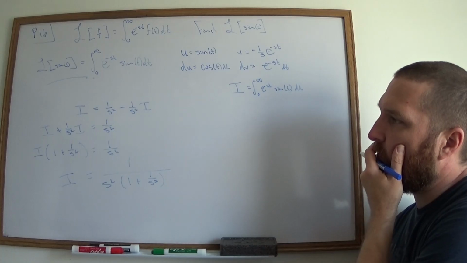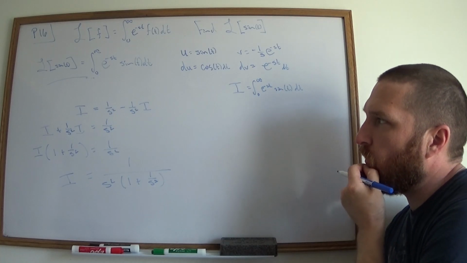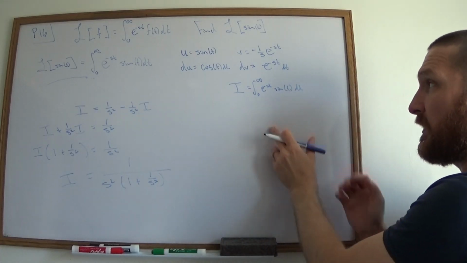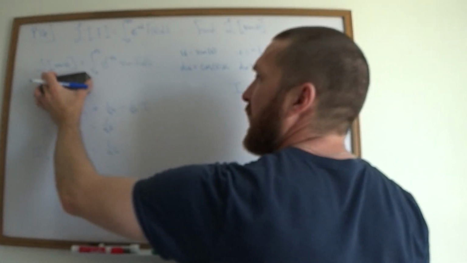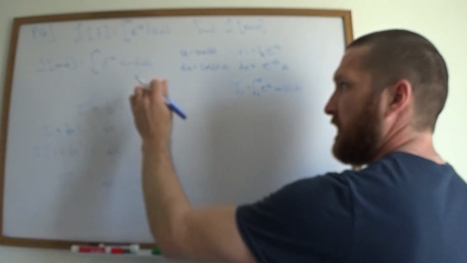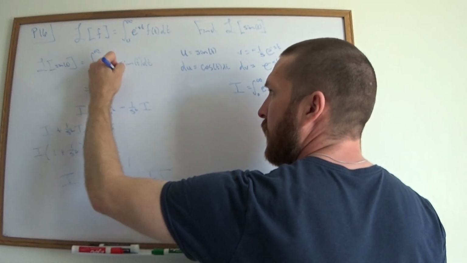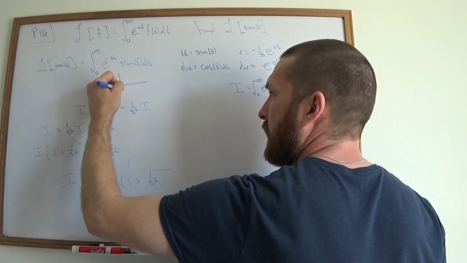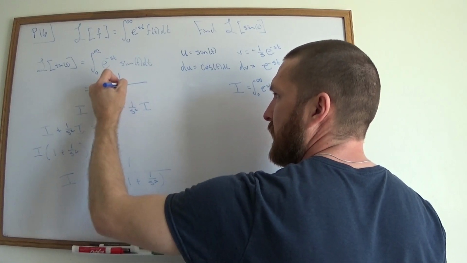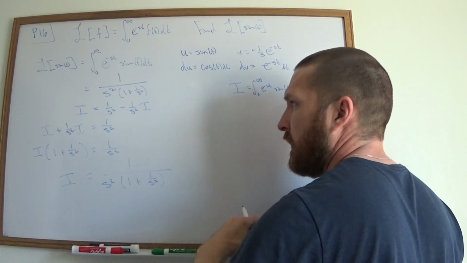Is that right? Let's see. So what we just found, that was the integral, but the integral was the thing that we're trying to find. So we just found, let me rewrite this here, that this thing, I, is equal to 1 over s squared divided by 1 plus 1 over s squared.